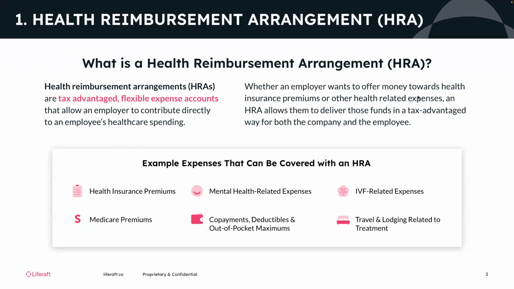I'm going to talk more about that use case in one of the case studies in a little bit, with a client that actually utilized an HRA for this purpose. But again, at the end of the day, what is the HRA? It is a tax-advantaged, flexible health spending account.